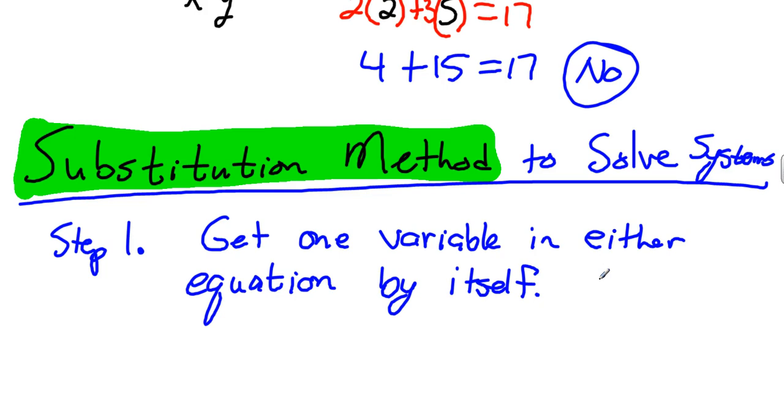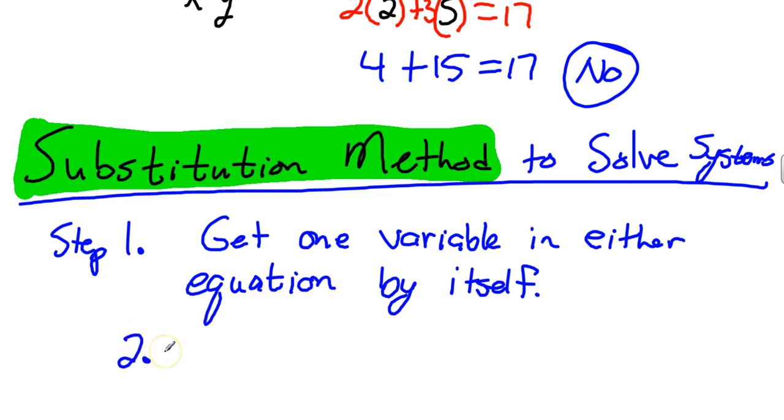Isolate it, so you get y equals something or x equals something. Once you do this, you get y equals 2x minus 3 or x equals 4y plus 12, or whatever the equation is.